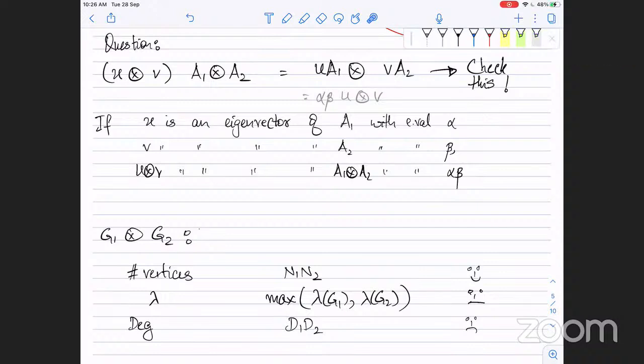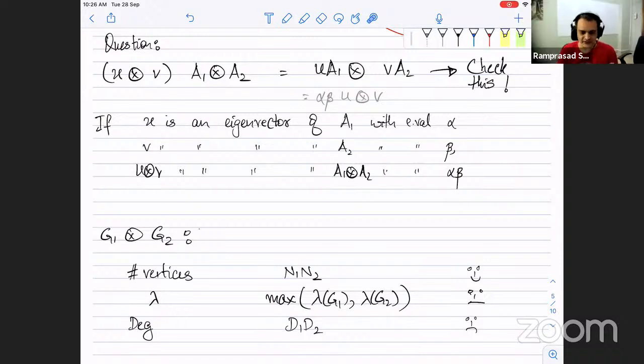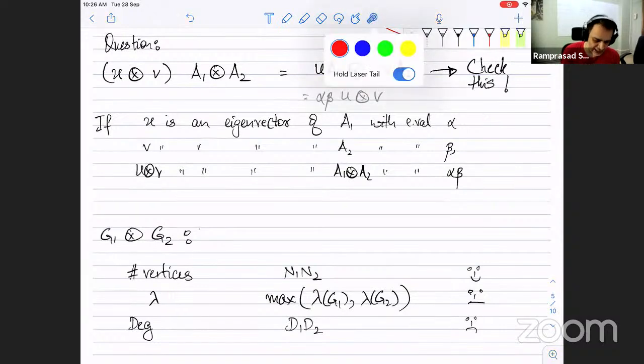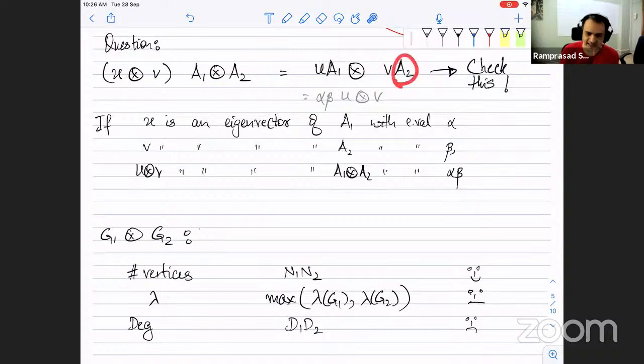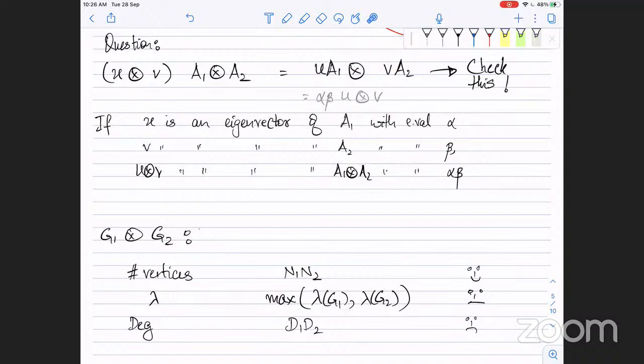Yeah. In whatever you have said so far, it is true for even the normalized adjacency. Yeah. So it's just that the normalized adjacency matrix of graph 1 is that divided by D1, and this is that divided by D2. So you get a nice 1 by D1, D2 like you would expect. No, but what if it is not d-regular? Yeah.